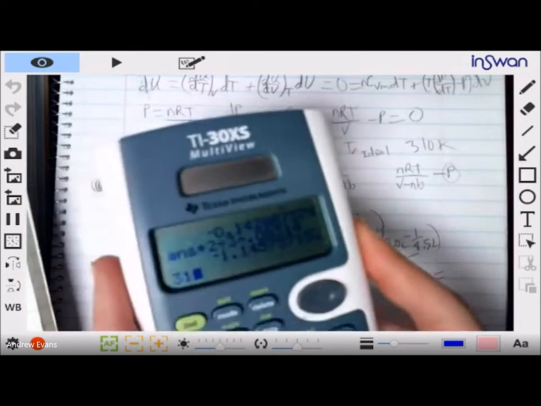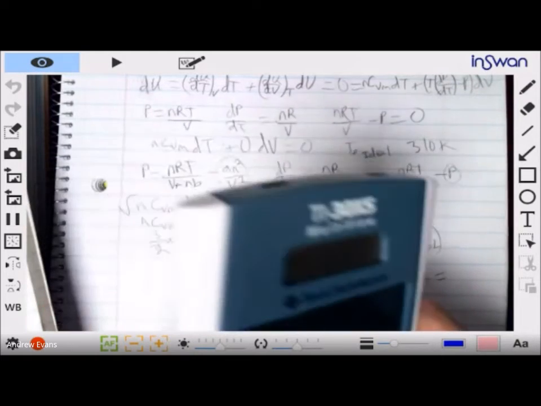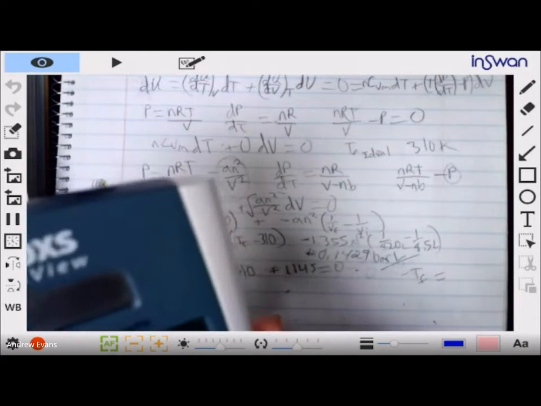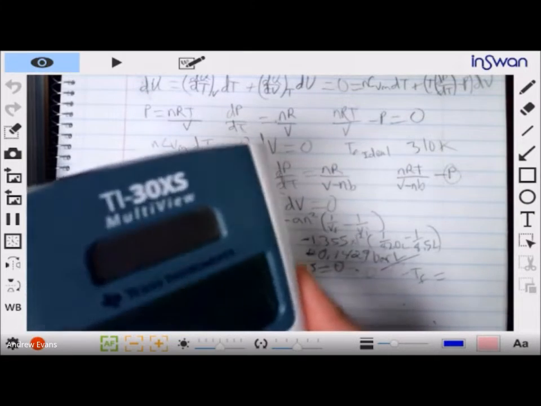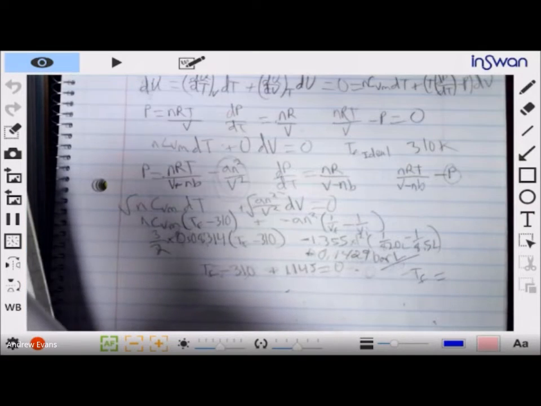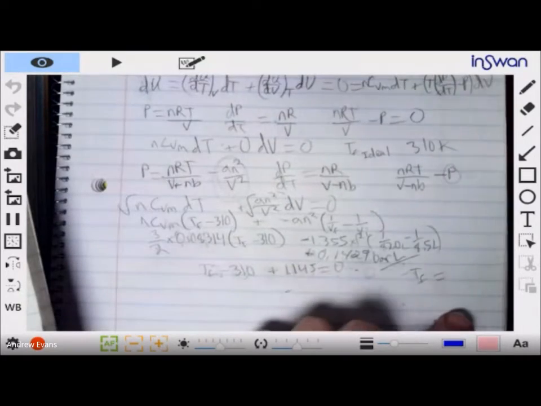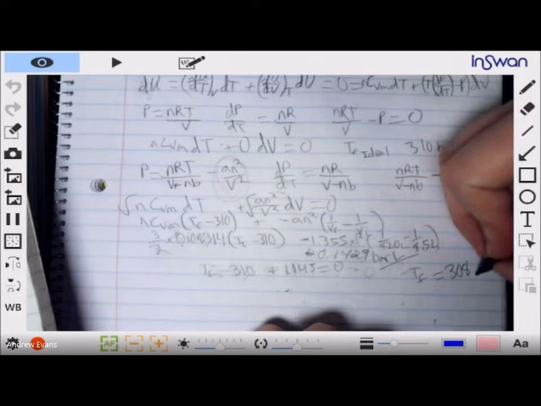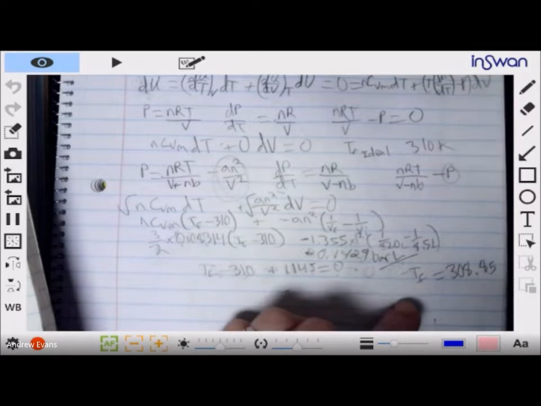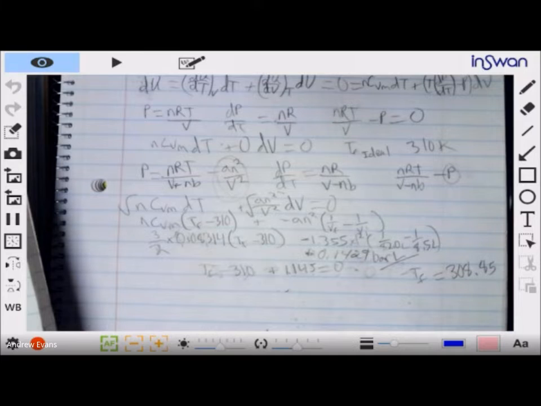So 310 minus 1.145 means that our TF has to be 308.85. So our TF is 308.85. Not a huge change, but you've got to remember all of that energy change is coming from just the attractive force. And so it's not a big effect, considering the fact we typically ignore that force.